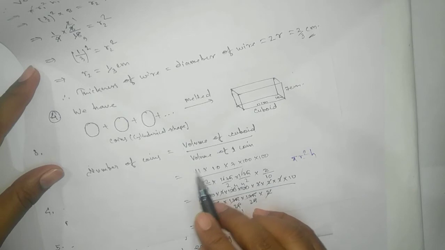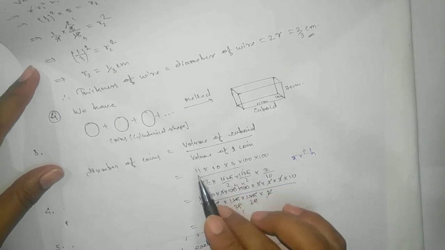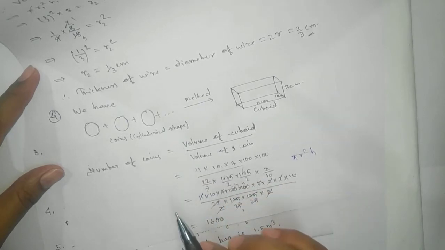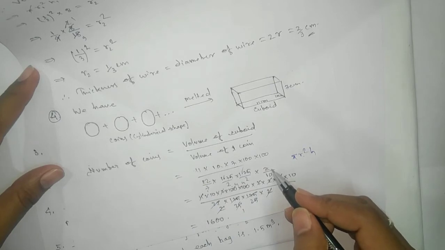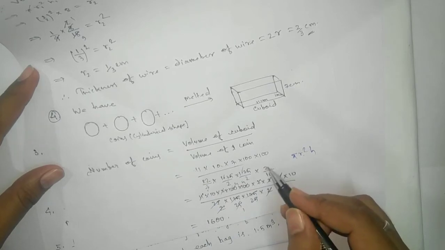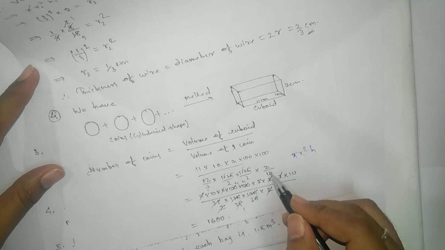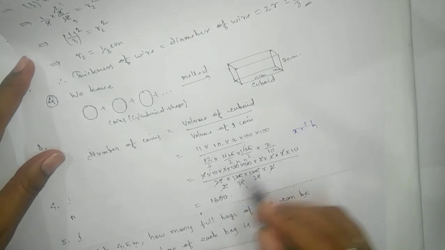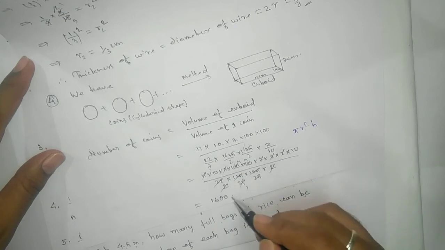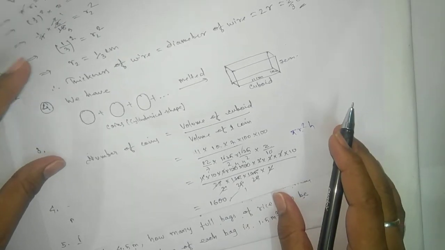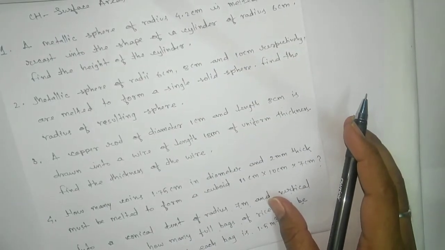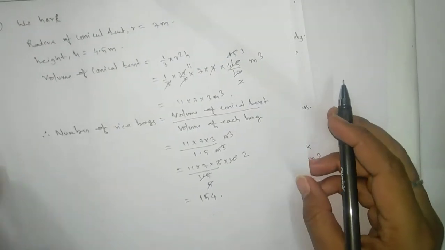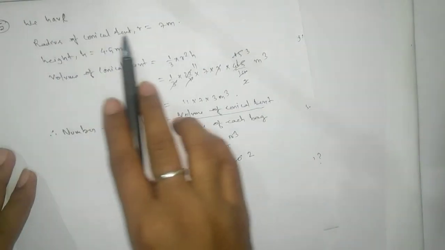As you can see, these are in centimeter, 11 centimeter, 10 centimeter, 7 centimeter, and this one is in millimeter. We need to convert into centimeter, that's why we have divided it by 10. Now we'll substitute and solve it. We'll get 1600.